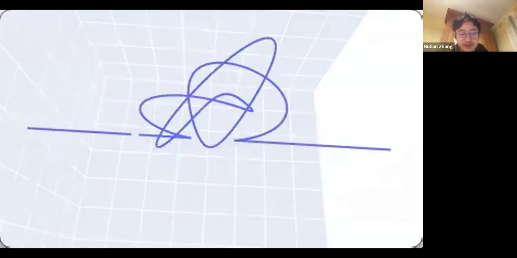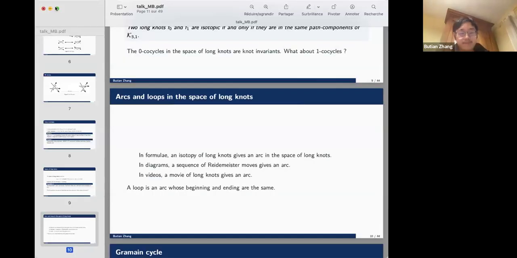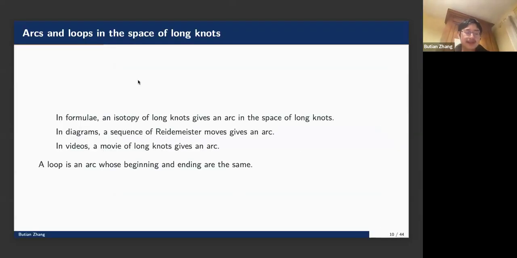Let's come back to the slides. A loop in this space is an arc which has the same beginning and ending.